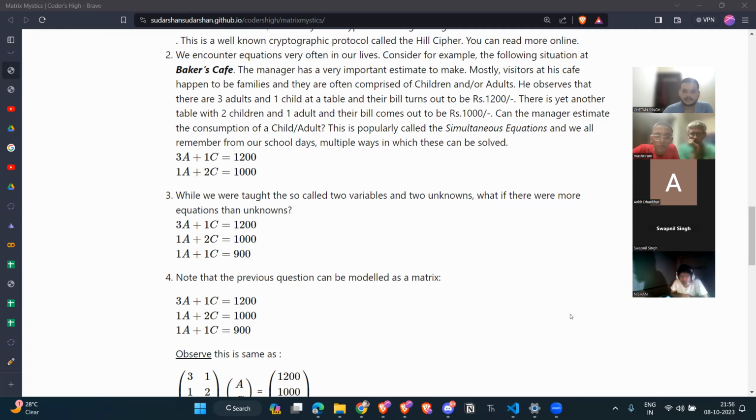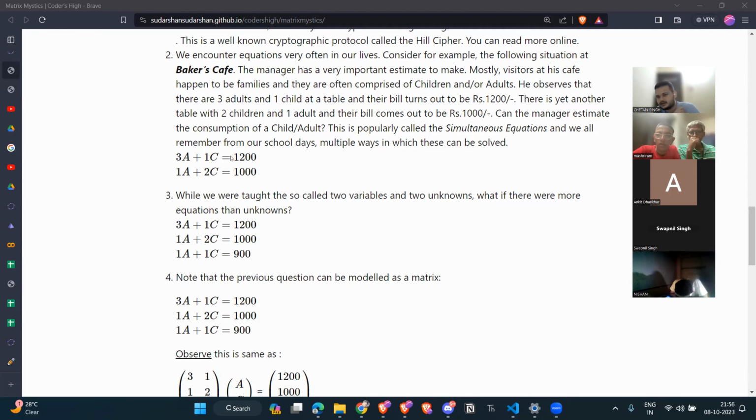And somebody has already texted in the chat box mentioning the values of a and c. What should be the values of a and c? I'm pretty sure that most of you know how to solve two simultaneous equations. You've been doing that since high school days.